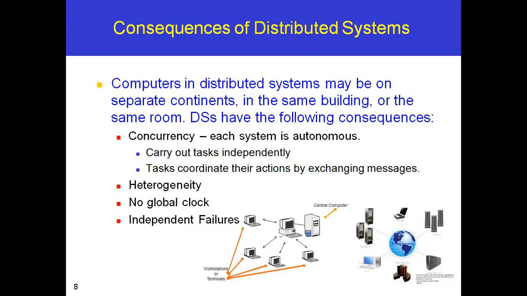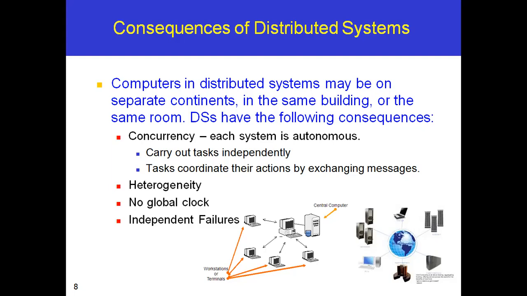Let's take an example of our laboratory. All systems are connected in a network, all in one room. That is also a distributed system. Or in different continents, one in Asia, one in Africa, one in Atlanta. Or within the same building in different rooms. That is also a distributed system.